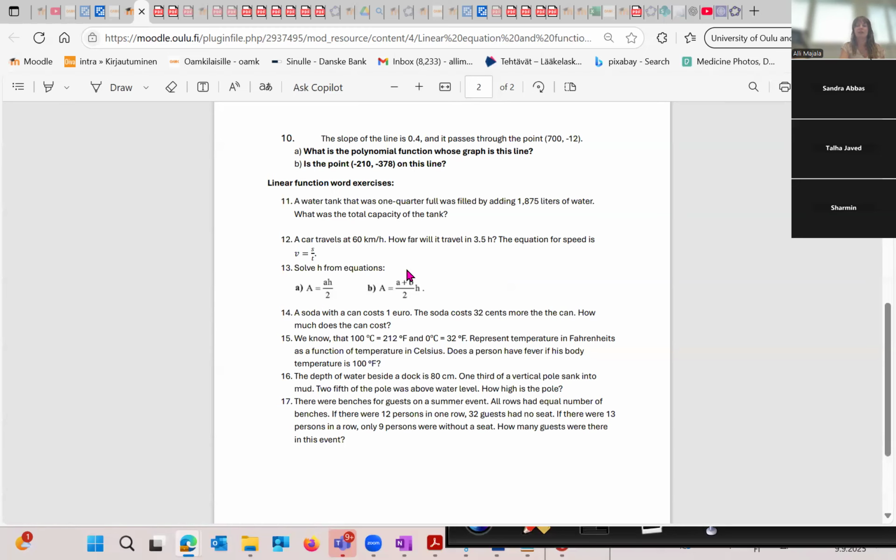This is just how to solve something that looks like this. But then there are still a couple more. The soda can, then these ones were as the examples in the GeoGebra book. So maybe you can think those through as well still.